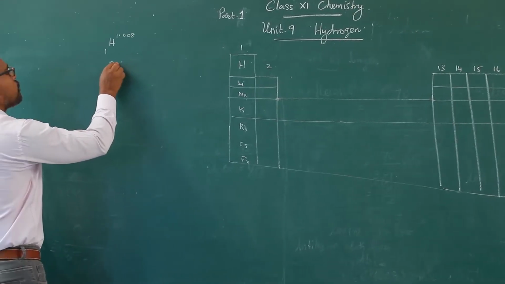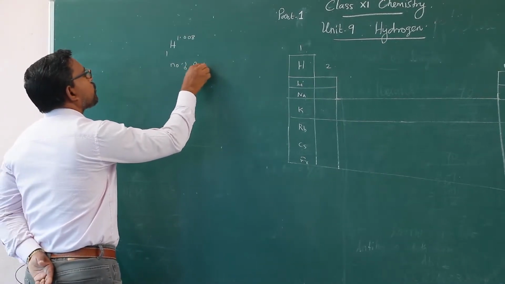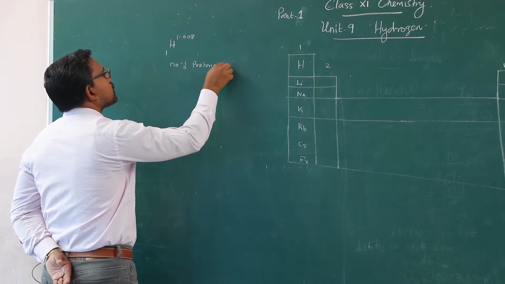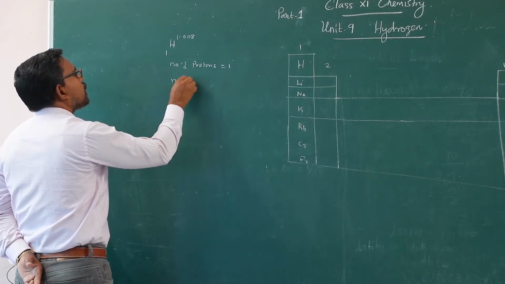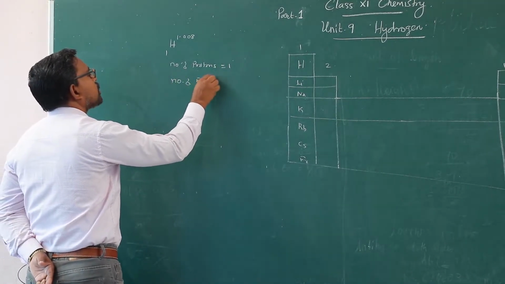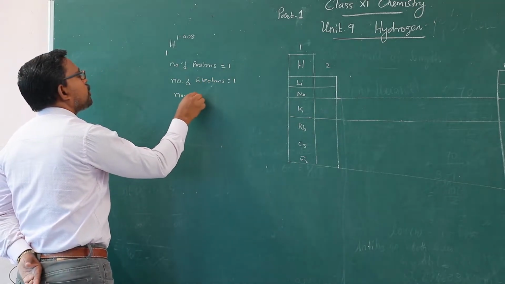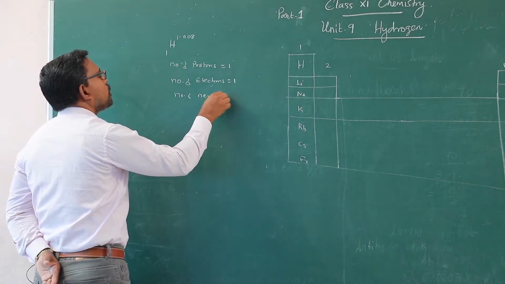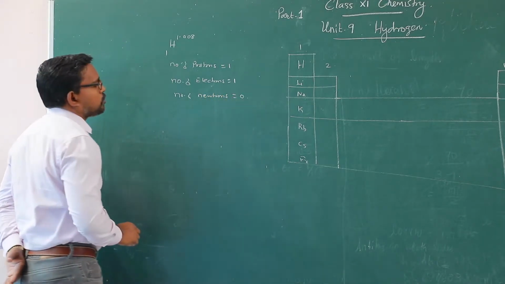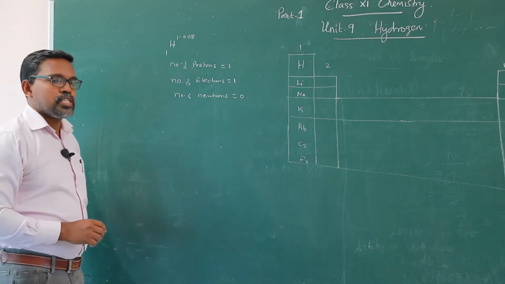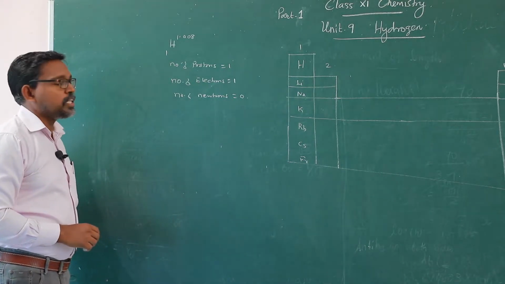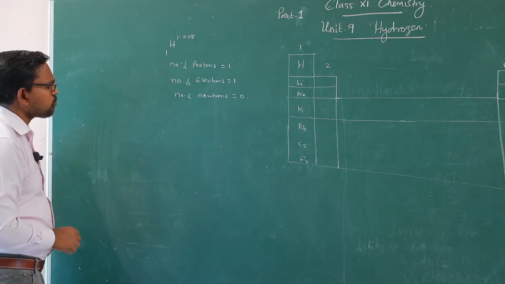So, number of protons equal to 1, number of electrons equal to 1, number of neutrons is equal to 0. The element which does not have neutrons is called hydrogen.